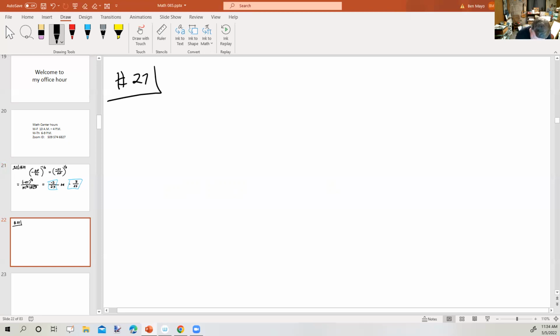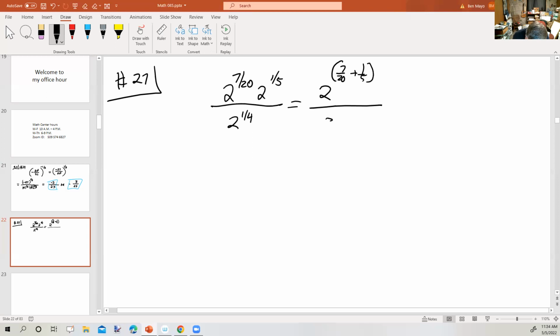All right, so simplify the expression: 2 to the 7/20th power times 2 to the 1/5 power, all over 2 to the 1/4 power. Well, on top, we're multiplying two powers with the same base. So we're going to take the base and add the exponents. So this is going to be 2 raised to the 7/20th plus 1/5 power.